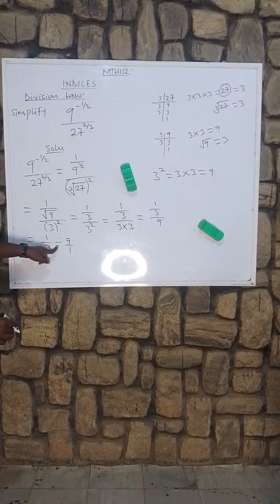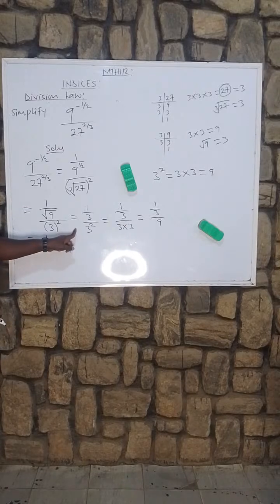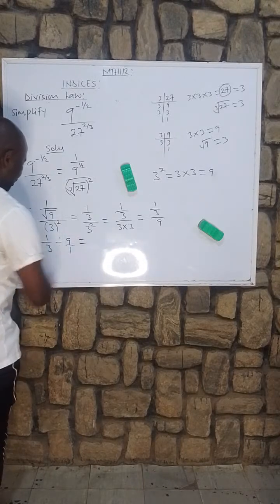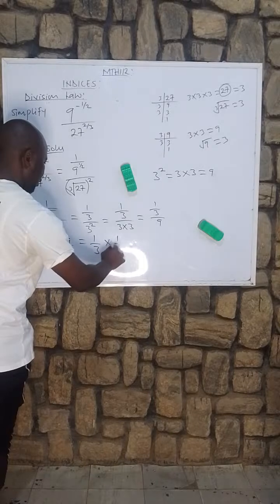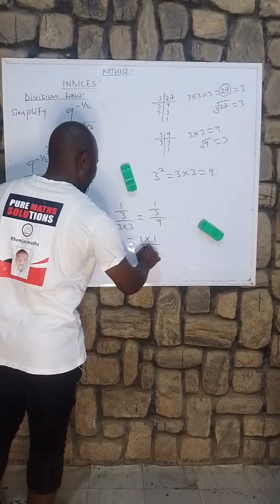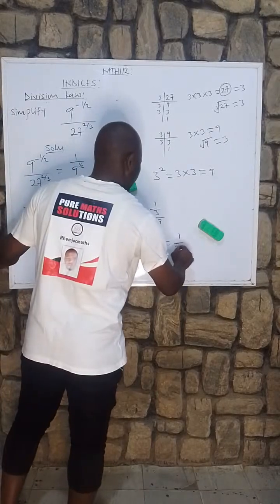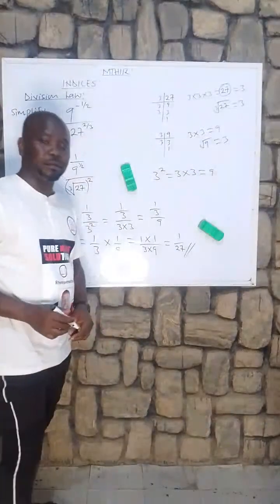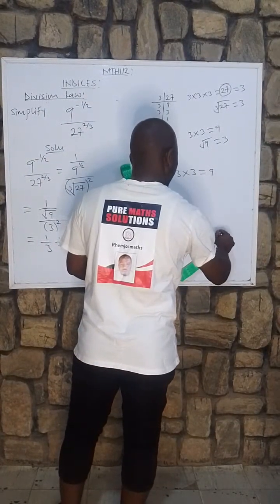So by the time you convert this division to multiplication, the denominator will now become the top, then the numerator will now become the denominator. So 1 all over 3 times 1 all over 9. So this is the same thing as 1 times 1 all over 3 times 9 equals 1 all over 3 times 9, 27. 1 all over 27. Or this is the same thing as 27 raised to the power of minus 1.